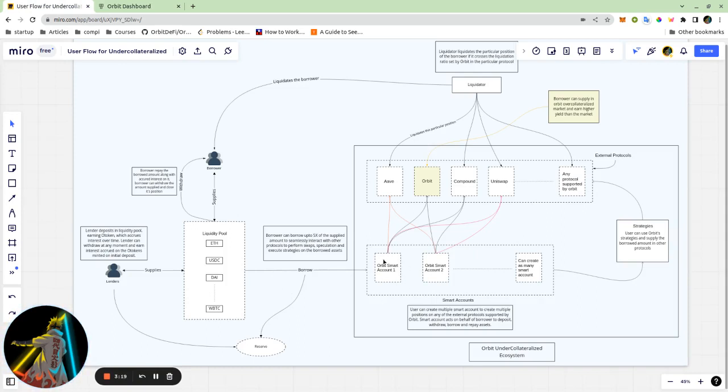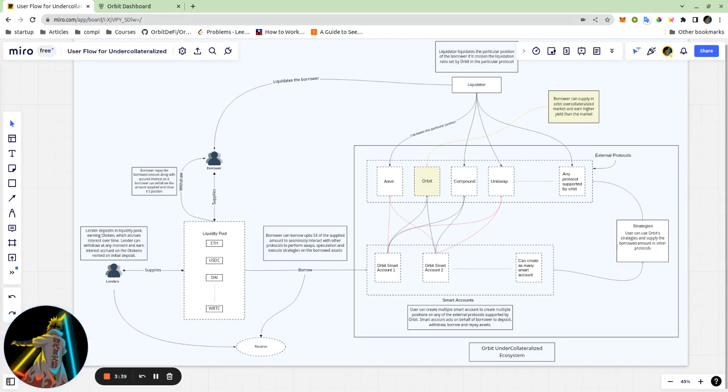This amount will be inside Orbit's smart accounts, and the borrower can use these smart accounts to interact with the different protocols that Orbit is supporting. It can be any kind of smart contract. This can also include the Orbit second market as well.